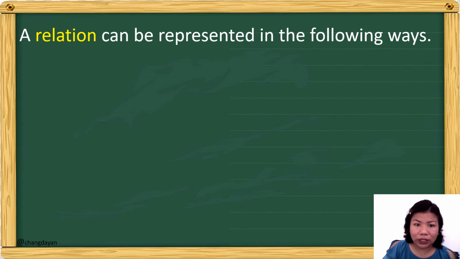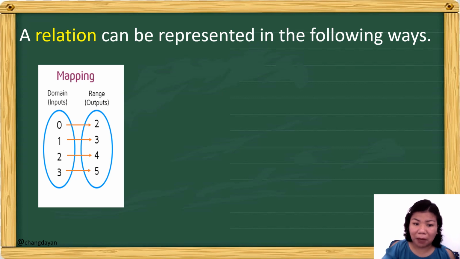And relation can be represented by the following ways. The first one is by mapping. So here we have the domains, or the inputs in our function, and we have the range. As you see, one x value corresponds to one y value.